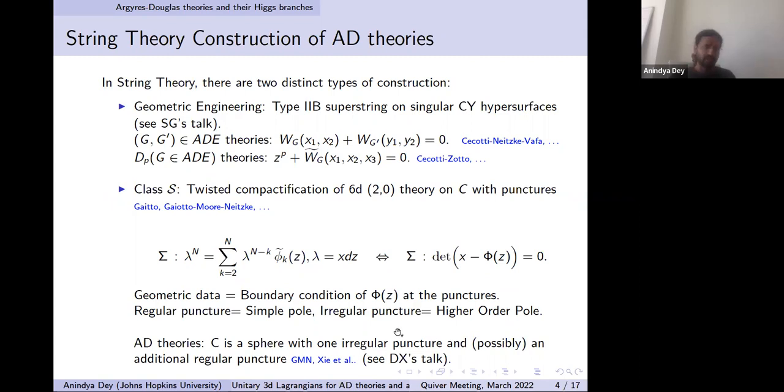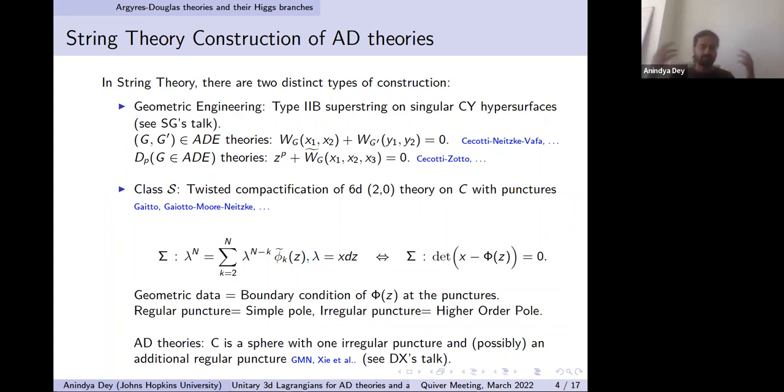Now it turns out that Argyres-Douglas theories, one can construct them using class S, with C being a Riemann sphere, with either a single regular puncture, or a single irregular puncture, or a single irregular puncture with an additional single regular puncture.